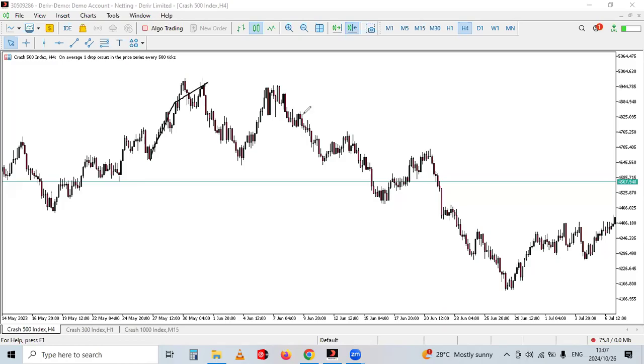Then there is a moment where the market cleared this previous low, and then it created a lower low and a higher high. Then the market can come back and create another higher high, because already here it failed to create a lower high. So this is our sell zone.